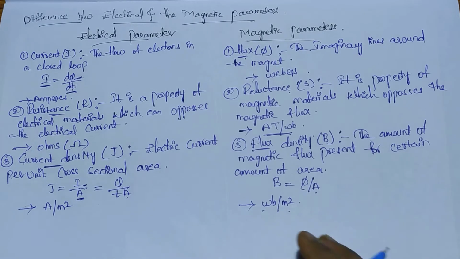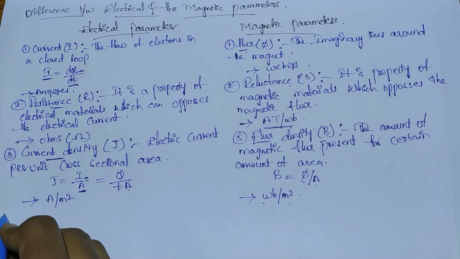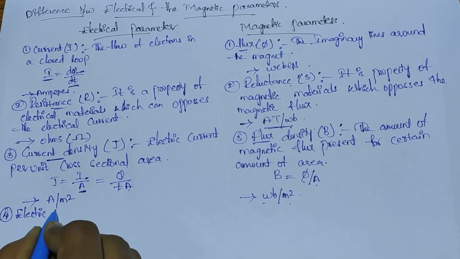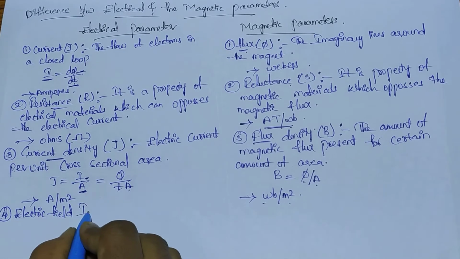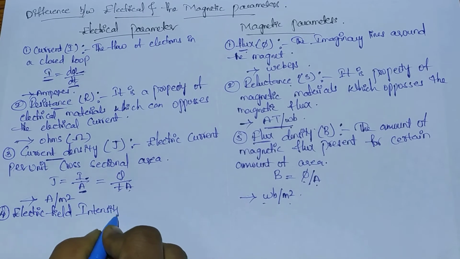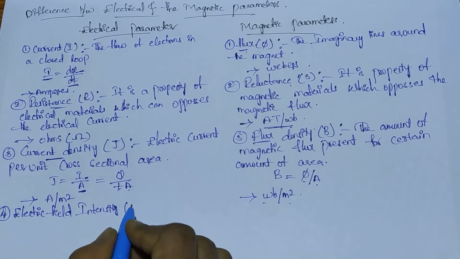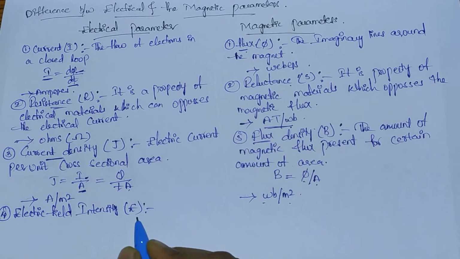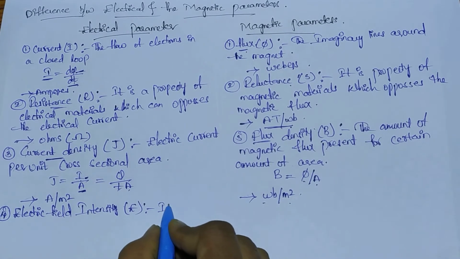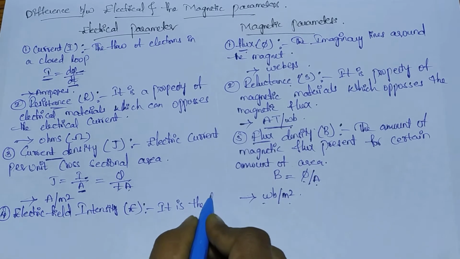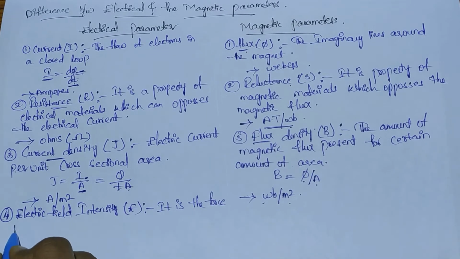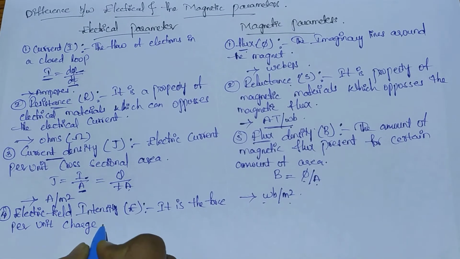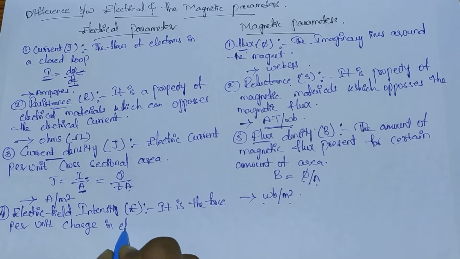And coming to the electrical parameters, the fourth one is electric field intensity. This electric field intensity is denoted with the capital letter E, and it states that it is the force per unit charge in an electric field.